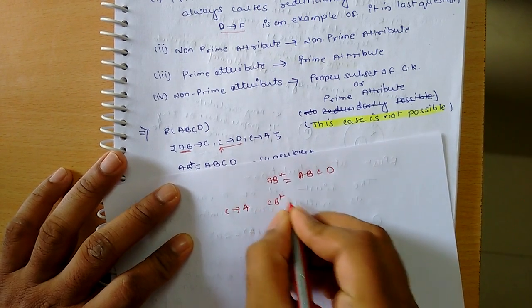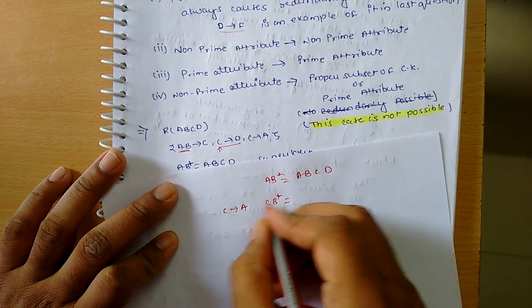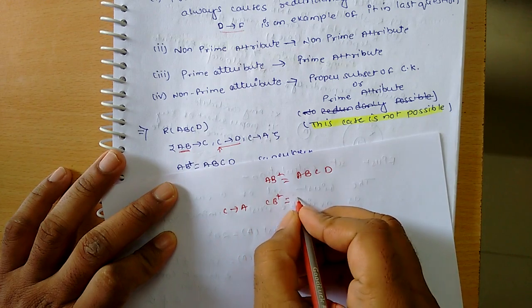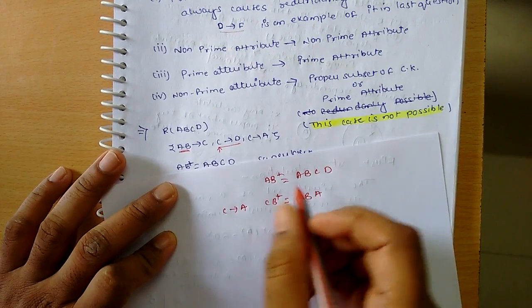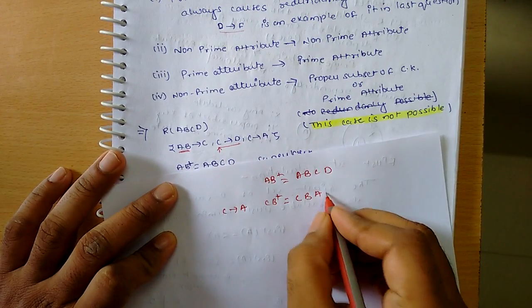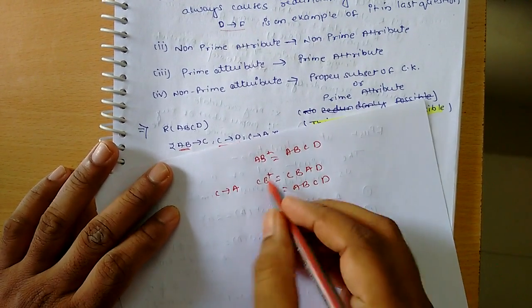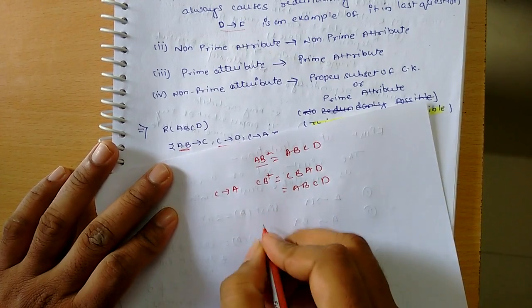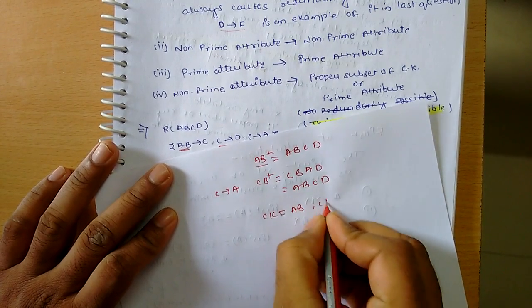And it will become CB+ equals C derives A, okay, and C derives D. It means AB is a key, and the candidate keys are AB and CB.